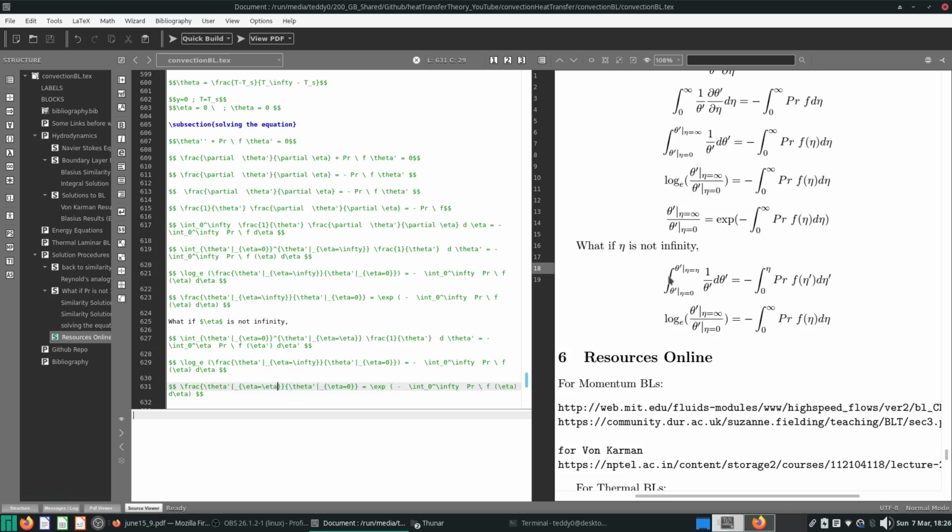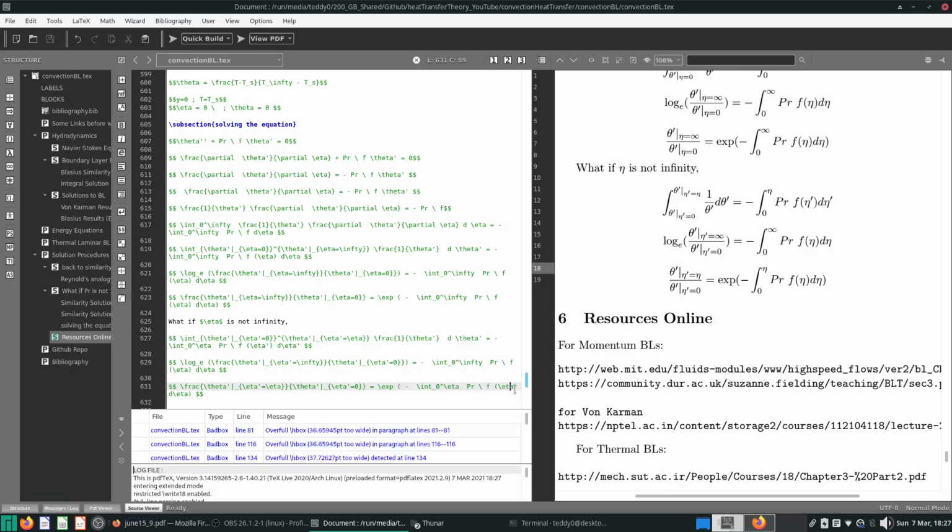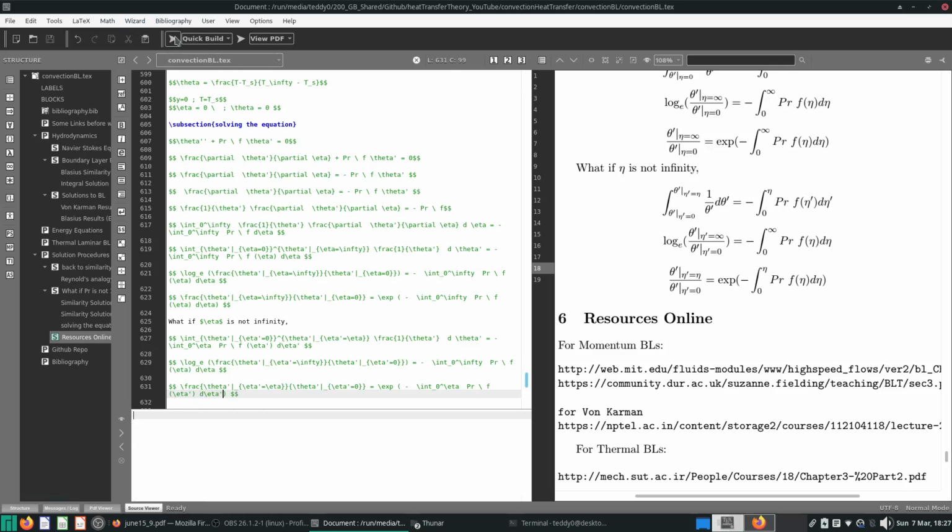And of course, eta prime would be the operative variable, the dummy variable, I like to call it dummy variable. Now, quite simple. Oh, you should not have infinity there, eta. And then you have eta prime. Nothing too difficult there.